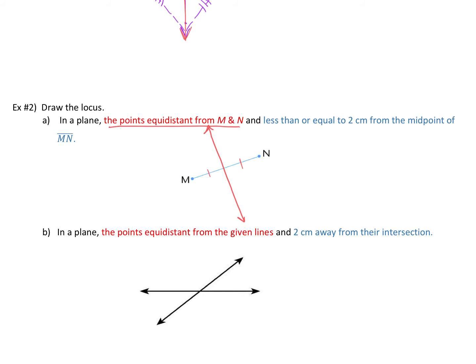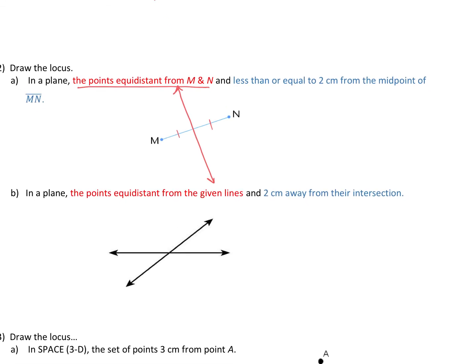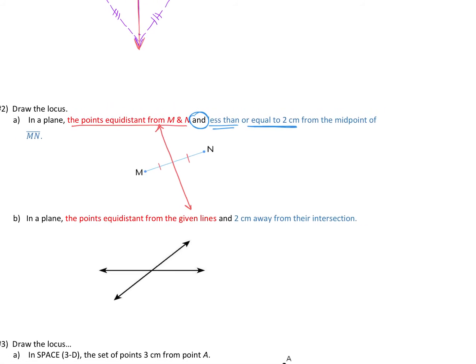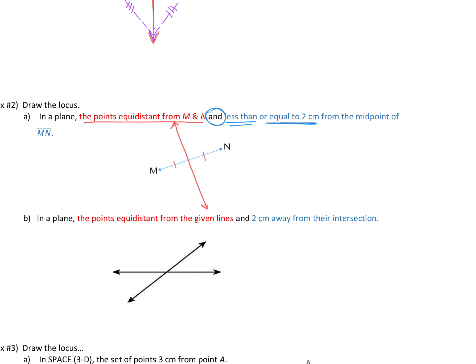Then we go to blue. It says and, and being the key thing, because you have to meet both of these requirements. And less than or equal to 2 centimeters from the midpoint of MN. So you have to figure out where the midpoint of MN is. You already found that with your perpendicular bisector.